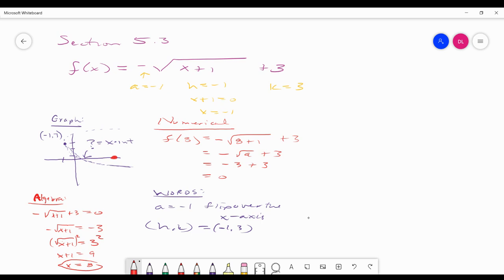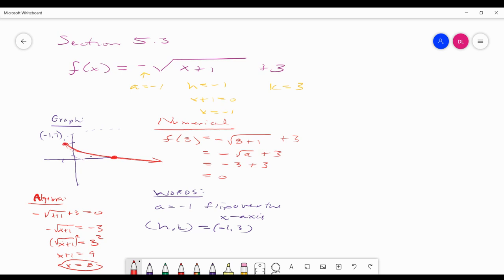So now I'm going to very carefully erase this piece here. There we go. Close enough. So I know where my x-intercept is. So then I'll go through this right here. And there is my graph right there. Starts at negative 1 and 3, curves down, and then moves on right there.